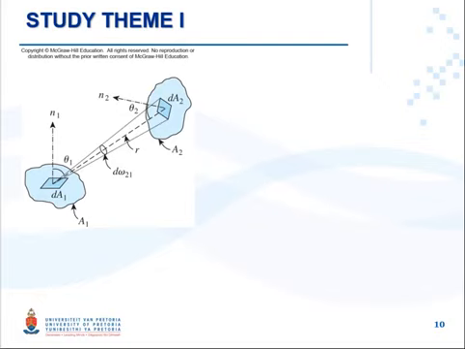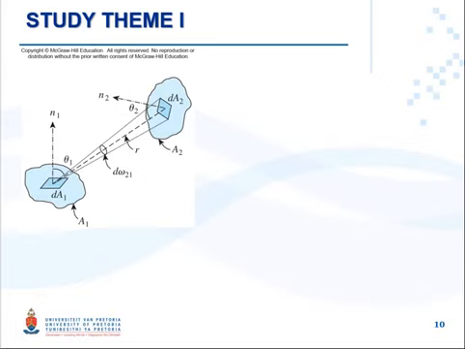You can see two surfaces A1 and A2, and you can see the small differential area on each of them, dA1 on surface A1 and dA2 on surface A2. The distance between these two differential areas is R.